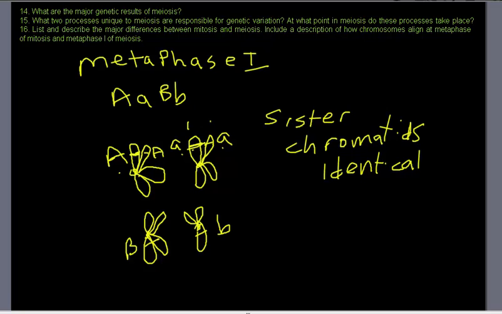DNA replication, copying that. It's going to have a little b on it in the same spot, and it's going to have a big B in the same spot. So in meiosis 1, you always have two chromatids, because that's just how they are at meiosis 1. So that's metaphase of meiosis.